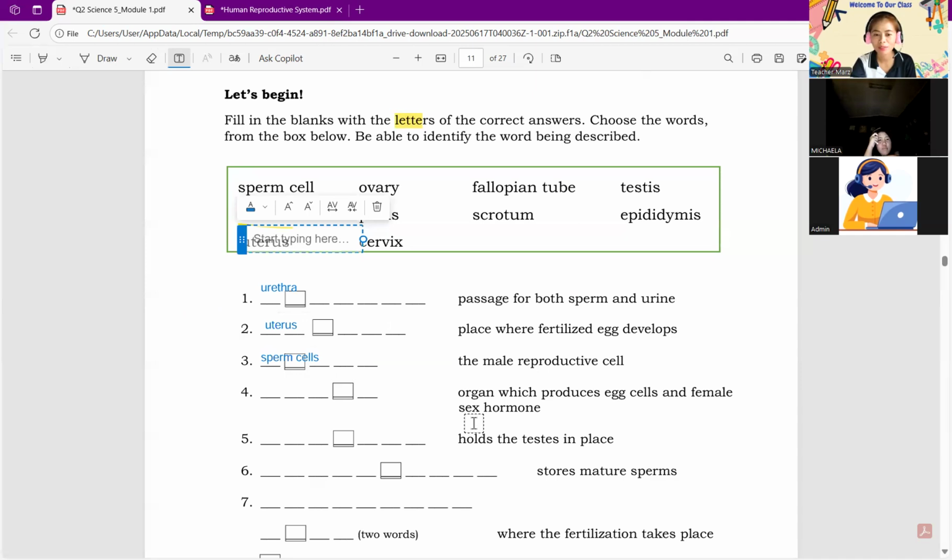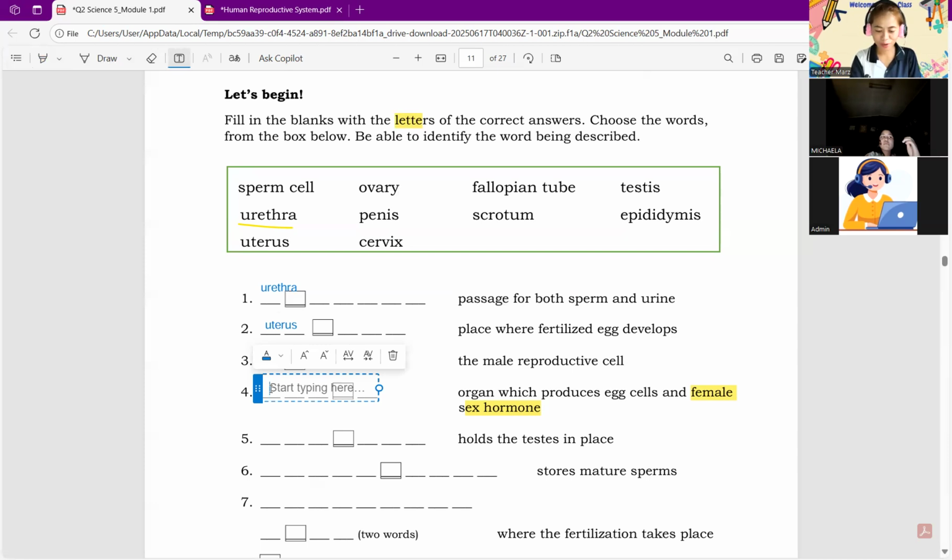For the female sex hormones, those are what we have, estrogen and progesterone. What is the organ in which it produces the egg cells as well as the estrogen and progesterone? Ovary. All right, very good. That's ovary. You're doing great. Ovary.